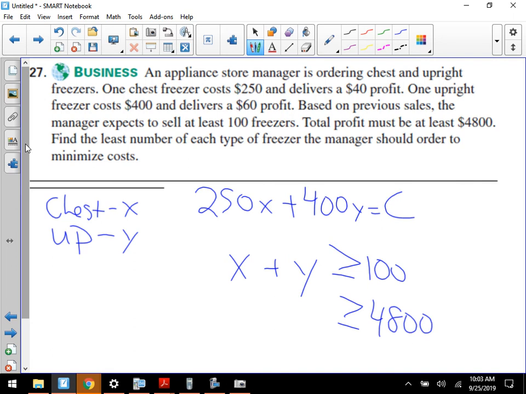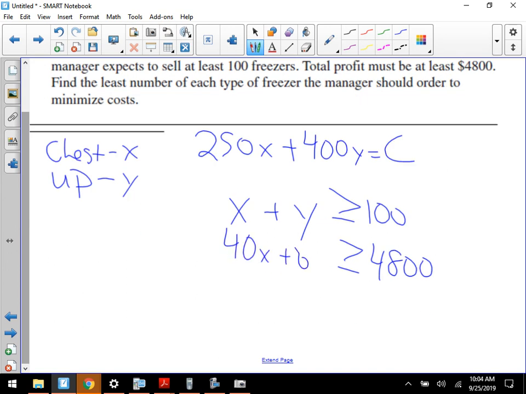I'm sorry, not the inventory, that's the profit. I spoke incorrectly. I'm so used to doing inventory problems. This one is the least profit. So the smallest amount of profit you want to get is $4,800. Now, how much profit you get on the chest freezer? 40. And then how much on the upright? 60.